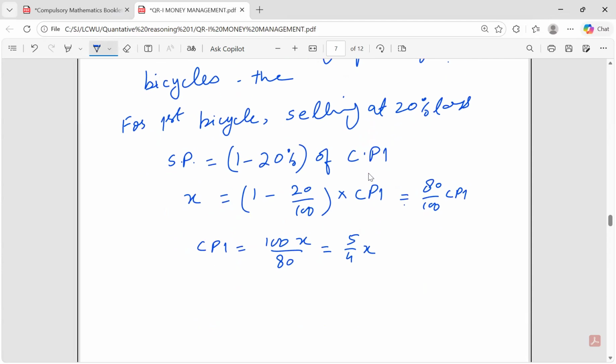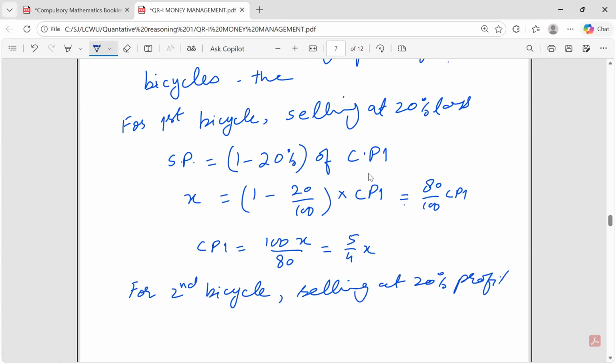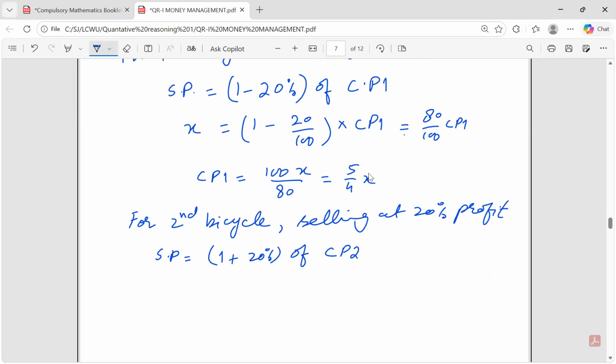Similarly, for the second bicycle, selling at 20% profit, the selling price is equal to 1 plus 20% of the cost price, let's call it cost price 2.